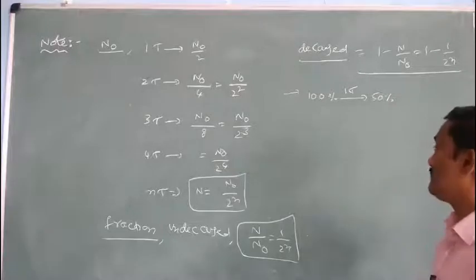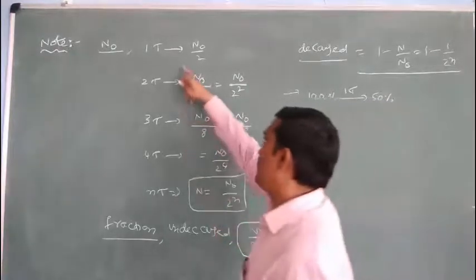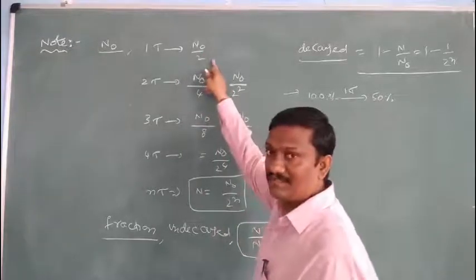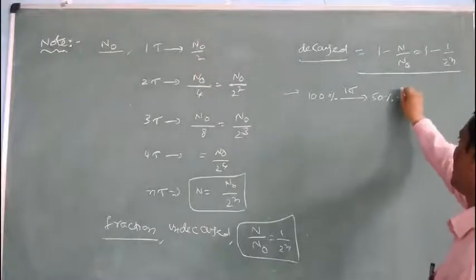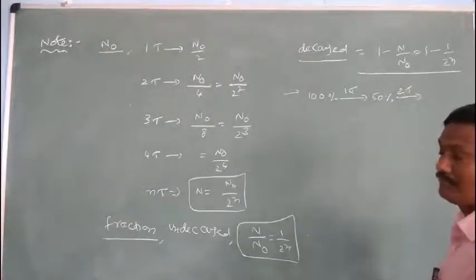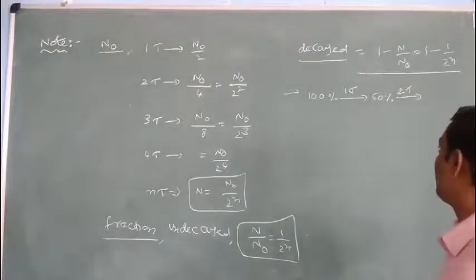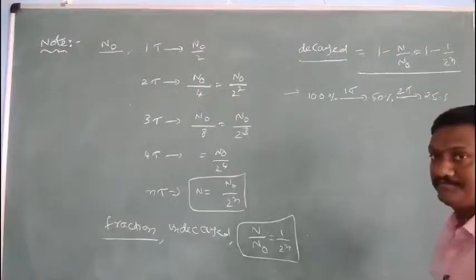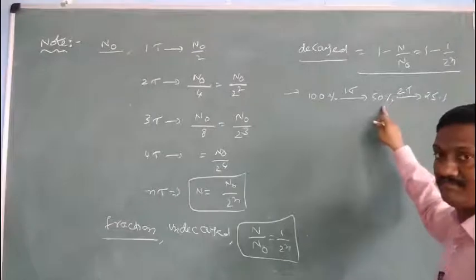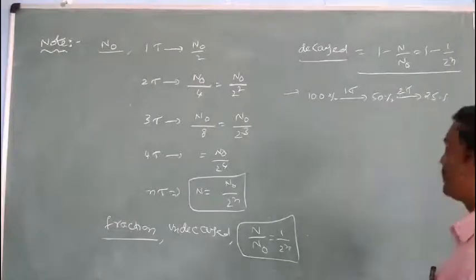So in terms of percentages, after one half-life, N naught by 2, it is 50%. Next, after two half-lives, the percentage of atoms undecayed becomes 25%, half of 50.